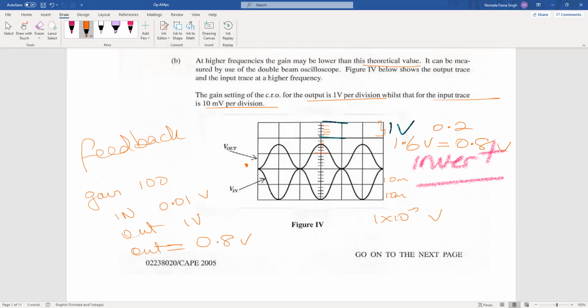I am waiting for anybody to ask where I get 0.8 from, or you all figure that out. Anybody? You all figure out why I got 0.8 and not the 1.6?